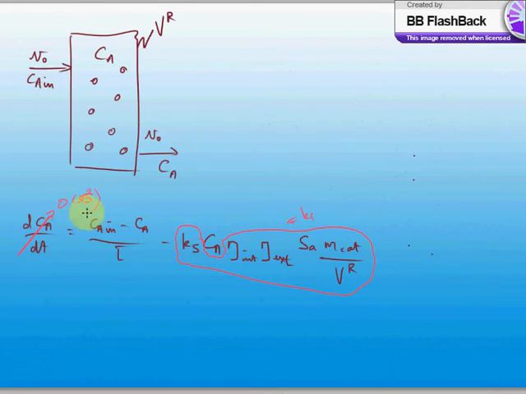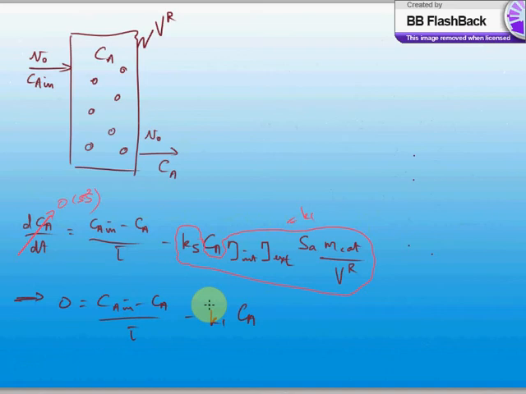And so we can rewrite this equation in the following form. So we can say here that Ca in minus Ca over tau minus K1 Ca is the balance that applies, and we can easily solve this equation for Ca.